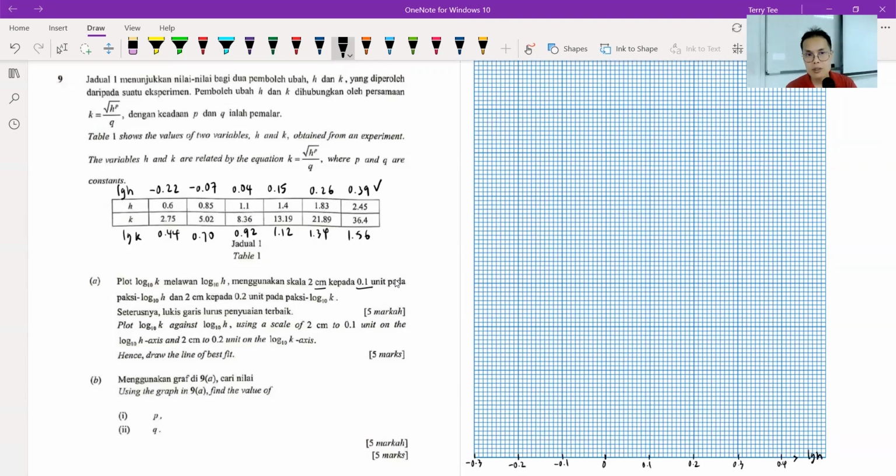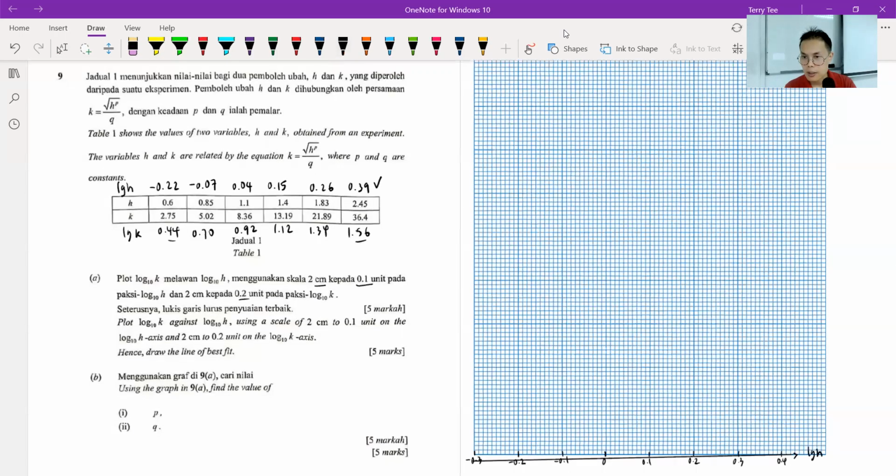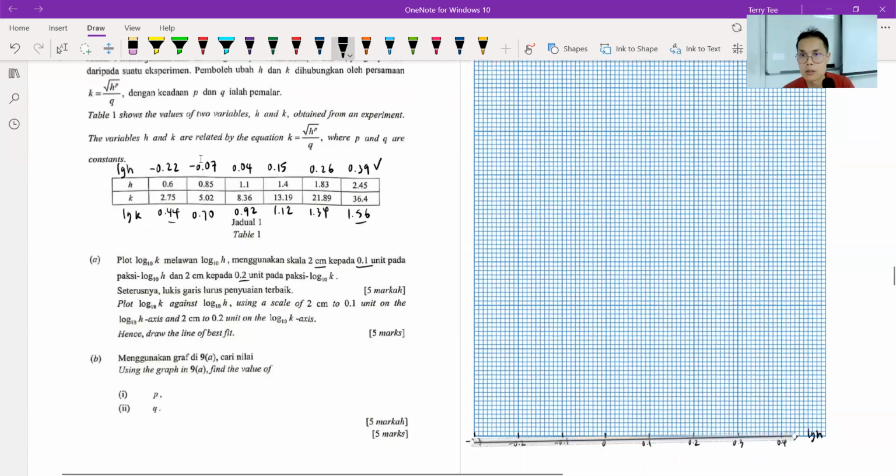As for your Y value, the largest is 1.56 and the smallest is 0.44, so I think we can start from 0. The scale we have to use is 2 cm to 0.2 unit. So let's start from here. Maybe I draw a line over here for the horizontal axis. Let me adjust this.